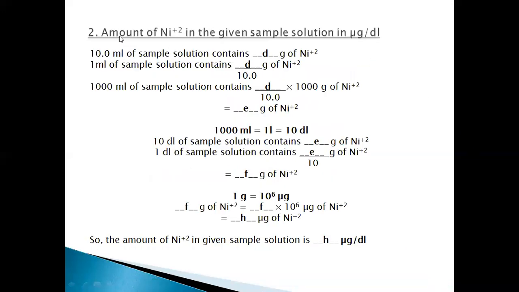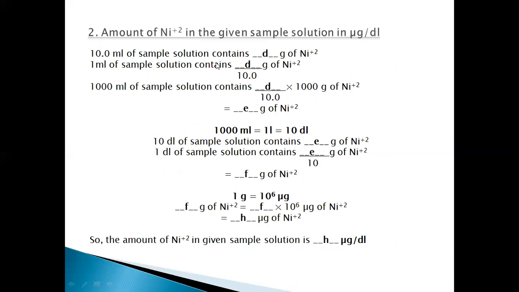The next objective is to calculate the amount of nickel in the given sample solution in microgram per deciliter. This is microgram and this is deciliter. So the starting point is, up till now we know that D gram of nickel are present in 10 ml of sample solution. Write this in the form of a sentence: 10.0 ml of sample solution contains D gram of nickel.